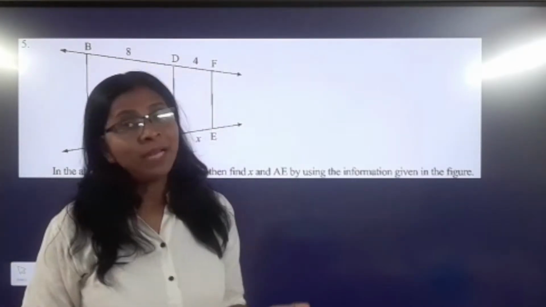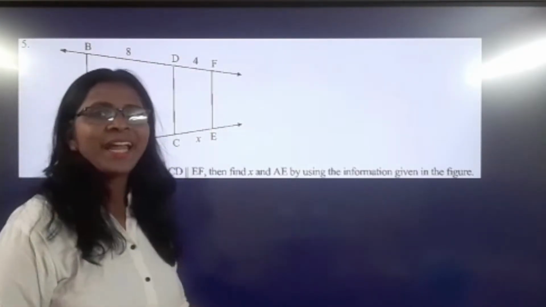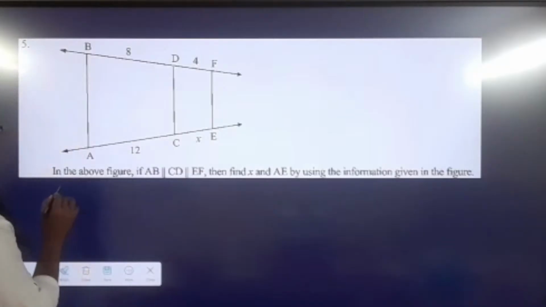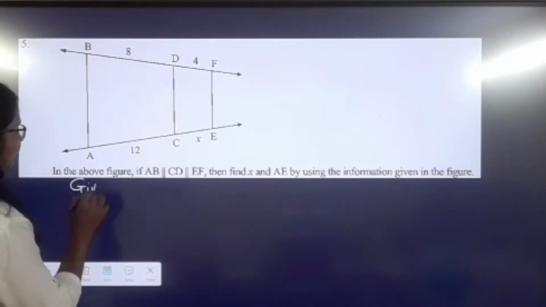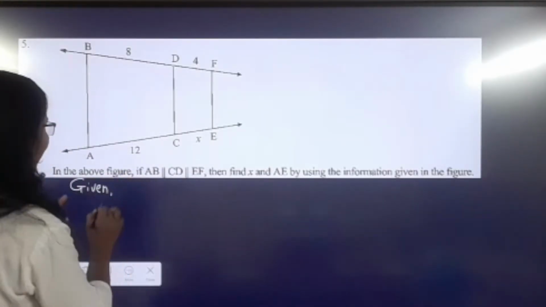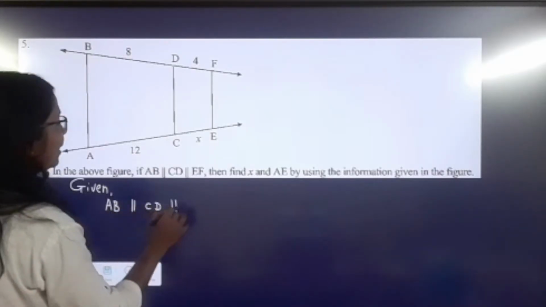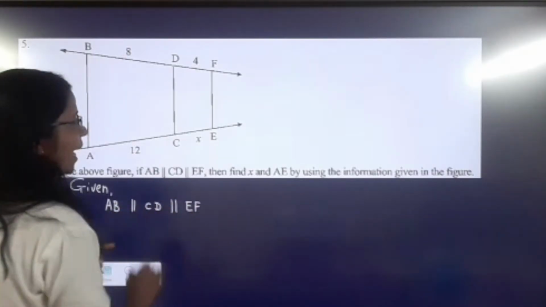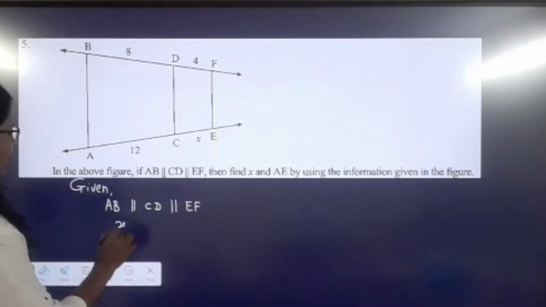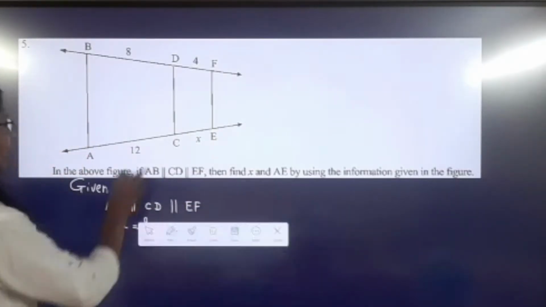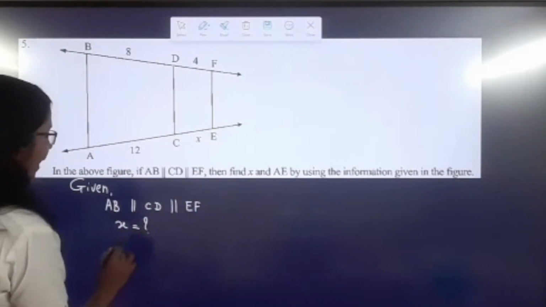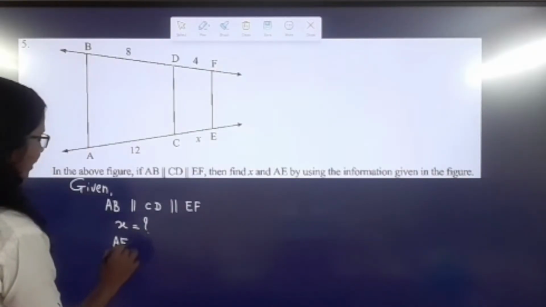But before writing that, first we write down the given. The given is that AB parallel CD parallel EF, and we have to find x is equal to question mark, and AE is equal to question mark.